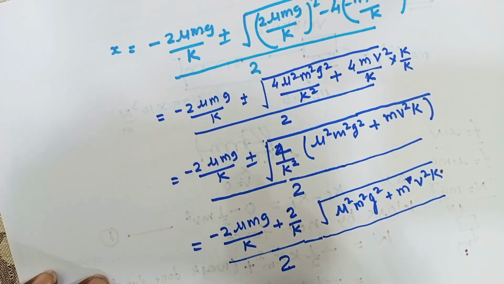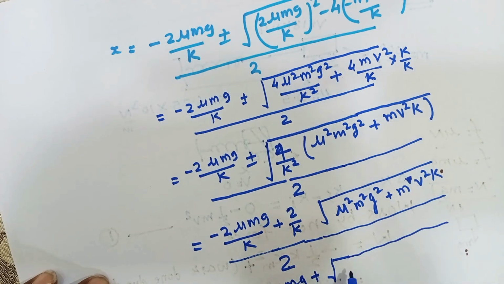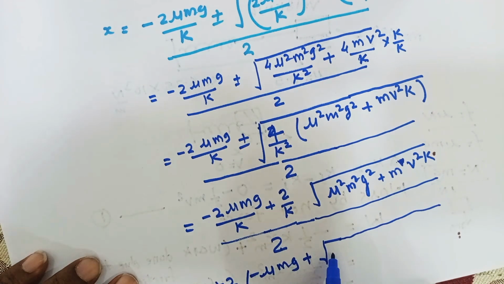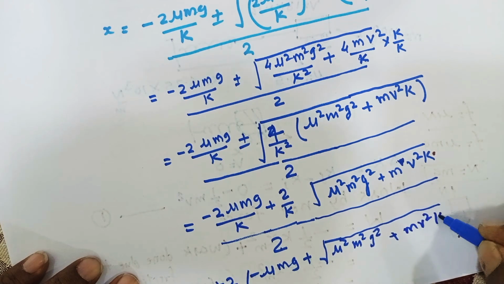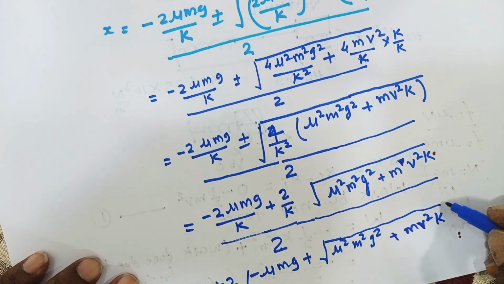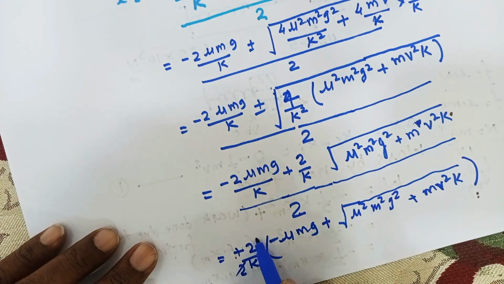It will become mu mg plus root of this mu square m square g square plus mv square k. This is v square. Then this 2 and this 2 will cut.